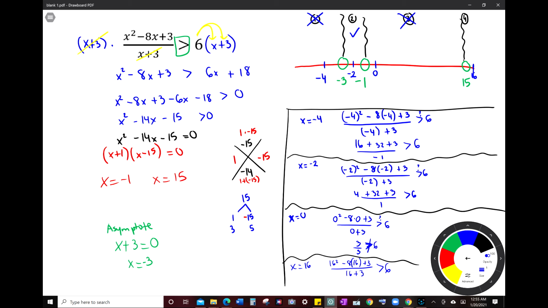The last one you should be able to do it, and the result will be that the last one works out. So now we know that the interval between -3 and -1 works for this inequality. So that will be the solution. And also the interval after 15 will be the solution.